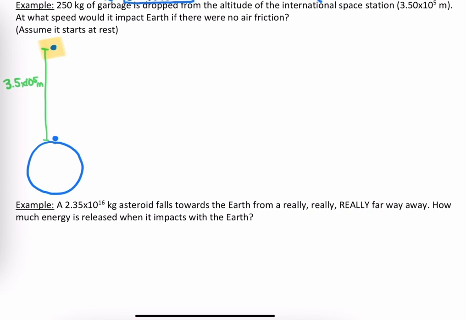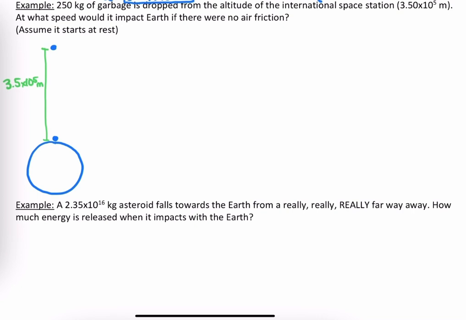It's at an altitude of this. Altitude means the height above the surface of the Earth. So right away we should be thinking, okay, we're going to have to add in the radius of the Earth here if we want to get the distance from the center. And it's dropped, so it falls all the way down, and we want to know its speed right there, just as it impacts the Earth. So initial is up top, final is that dot down at the bottom.